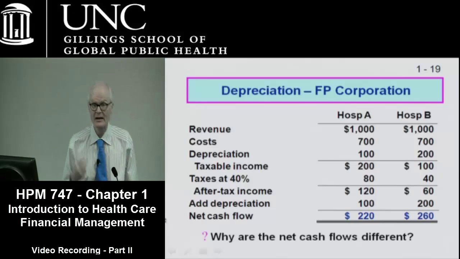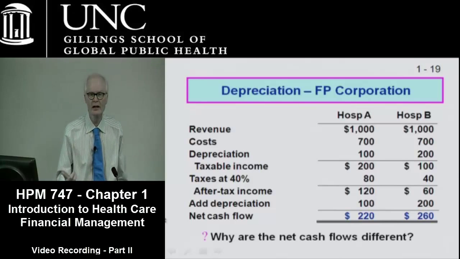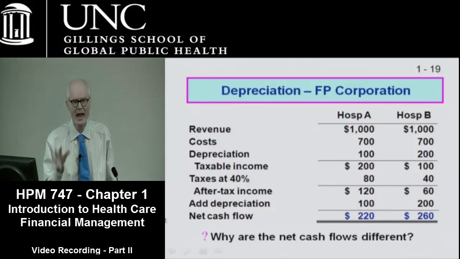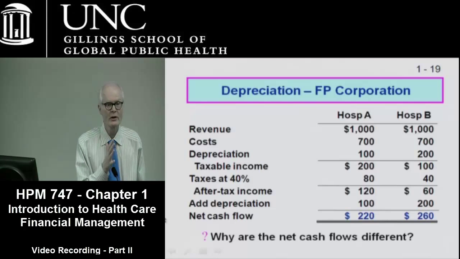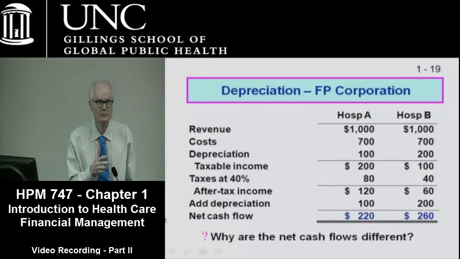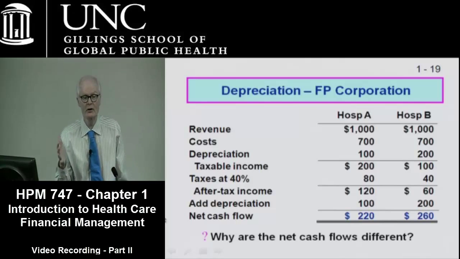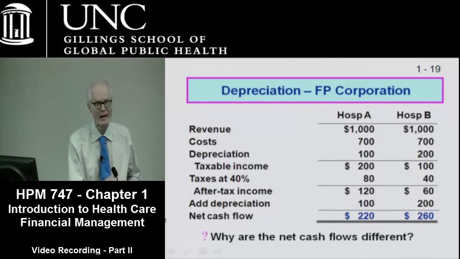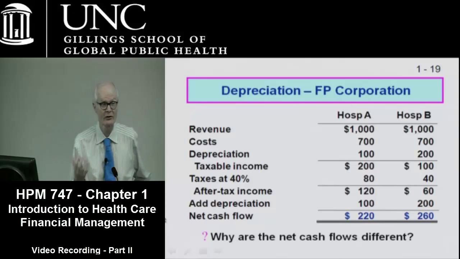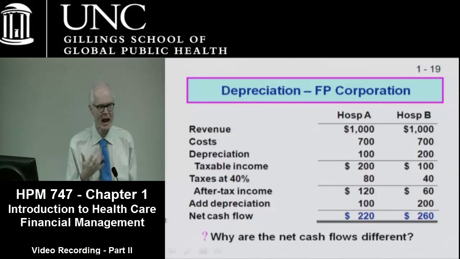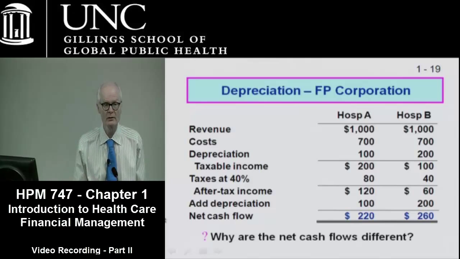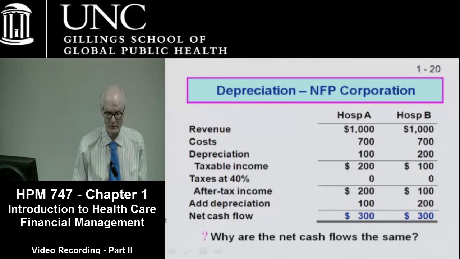So the net cash flow is really of greater interest to managers than the reported taxable income. You as managers will be most concerned with cash flow in and out of your organization's bank account. Manipulations that accountants do are important, but they are not always directly relevant to financial decision making, and I'll emphasize that over and over again.